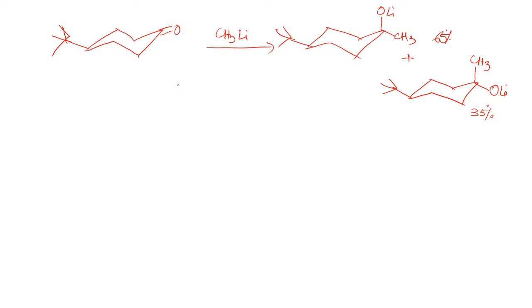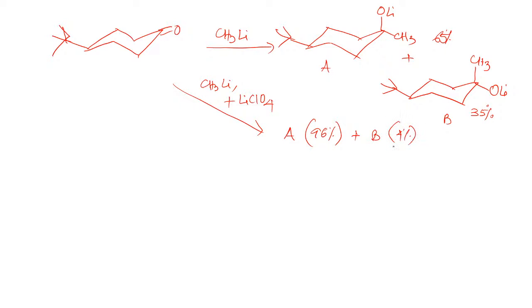And if you add CH3Li plus lithium perchlorate, suppose A and B, then you get A 96% and B around 4%. So we'll discuss why this selectivity.